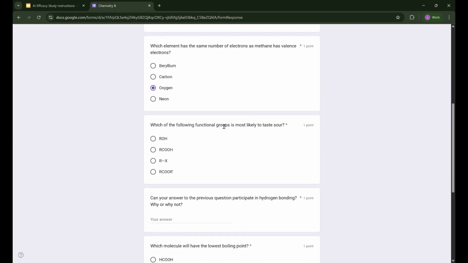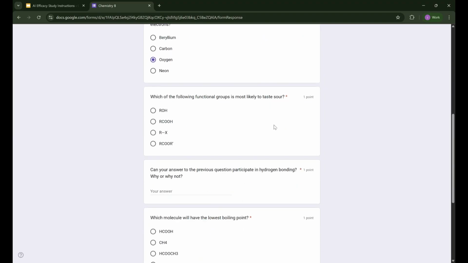Which of the following functional groups is most likely to taste sour? Oh, I recognize this. Is that like some sort of like... I don't know, the only word that comes to my mind is acetic acid, but I don't think that's right. I'm pretty sure it's this one. It's something to do with like bases, maybe. This is just some extended group.